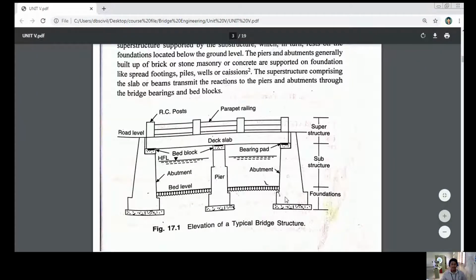And next, spread footings, piles, caissons. These are known as footings. This may be caissons or spread footings, or it may be piles. That all comes under the foundation.